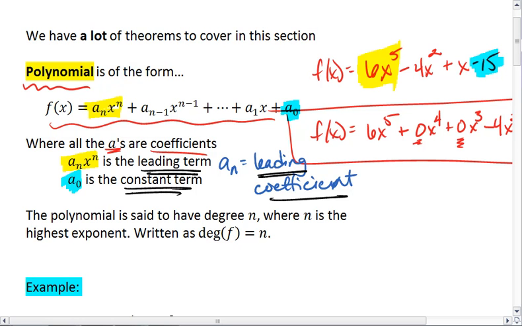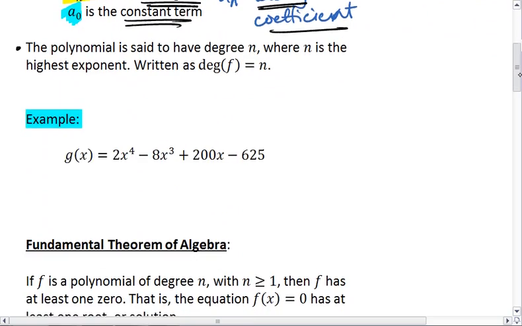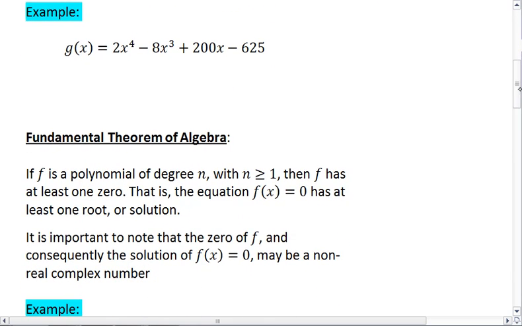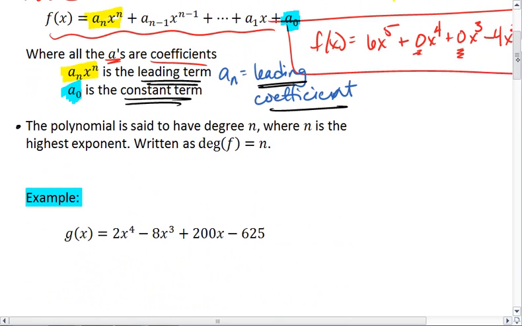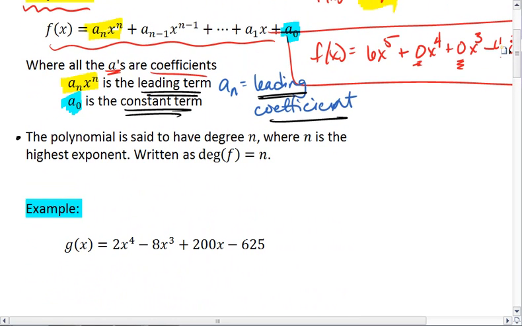Also know that the polynomial is said to have degree n, where n is the highest exponent, and we write that as degree f equals n. For example, if we are given g of x equals 2x to the 4th minus 8x cubed plus 200x minus 625, we see that the leading term is 2x to the 4th.